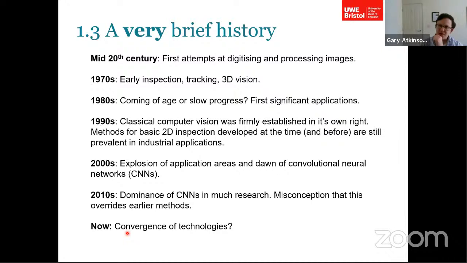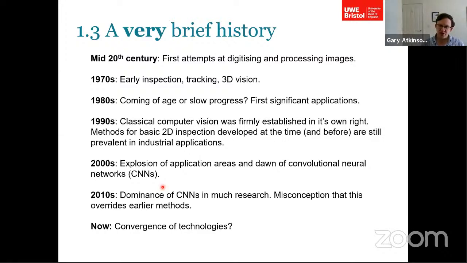Now, you might be surprised that I want to talk about history, but it's quite useful to do this at this stage, because we are at a very pivotal moment, I think, in the field of computer vision. And you'll see why if we just look very briefly at the history, because it's been around maybe since the middle of the 20th century, when people first started to digitize images. People already started to process images and try to get useful information from them.